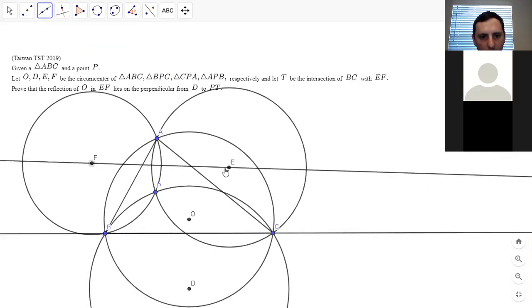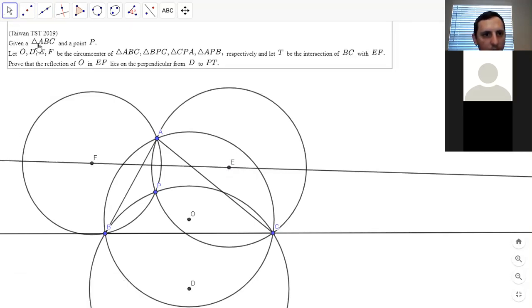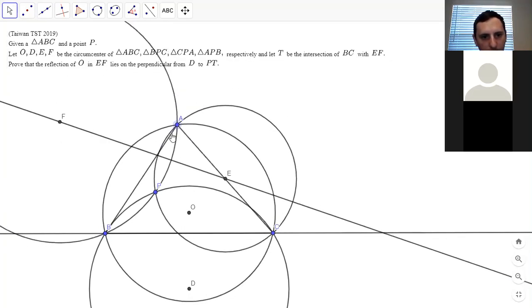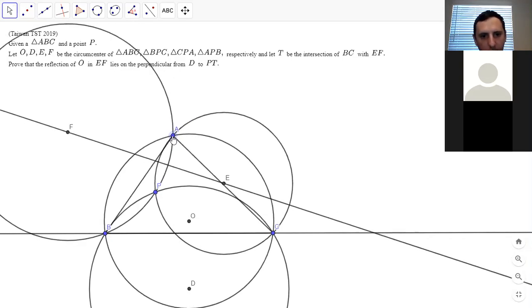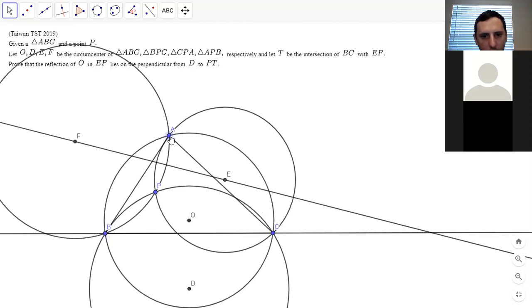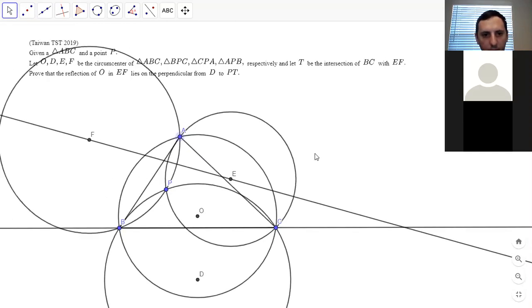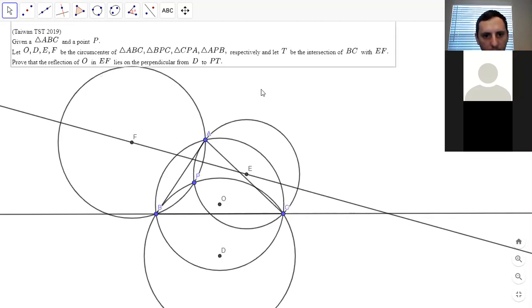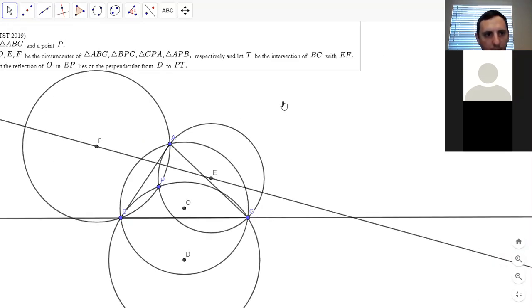Let me make it look a little nicer. Maybe something like that. I'll shrink the diagram a little bit. So that's point T.